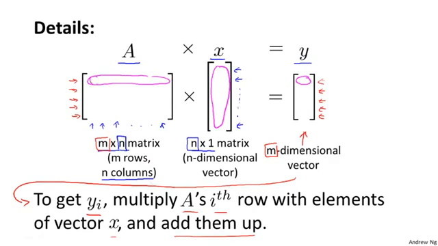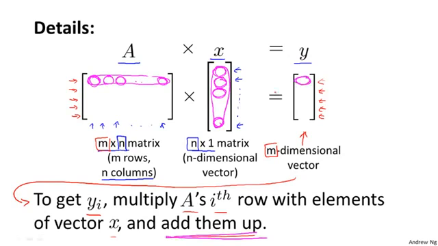We'll take this first number multiplied by this first number, then the second number multiplied by the second number, then the third number, and so on until we get to the end. And then we're going to add up the results of these products, and the result of adding that up is going to give us this first element of y.